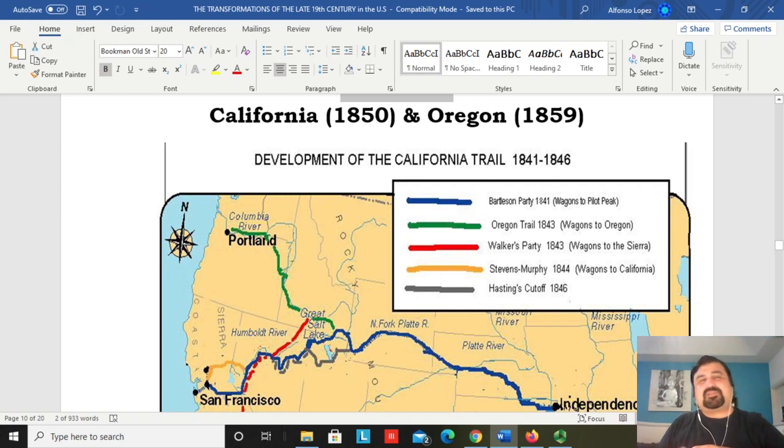California becomes a state in 1850, and Oregon becomes a state in the Union in 1859. So there were already formal states before the Civil War of 1860.